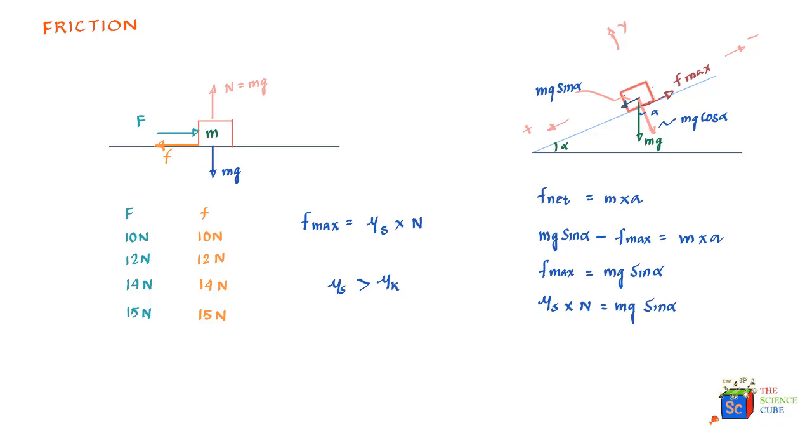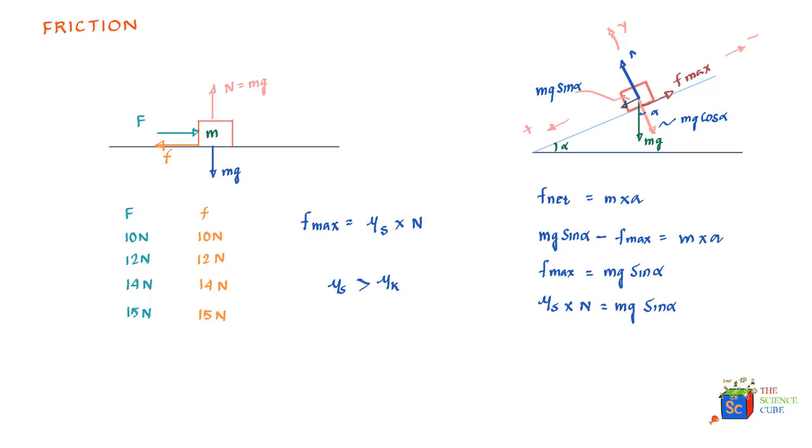Here the normal reaction is nothing but mg cos alpha, because you see this box is pressing against this inclined plane, and therefore the normal reaction would be in this direction. You can see that the box is not going into the inclined plane or flying off the inclined plane. As such, there's no movement in the y direction.